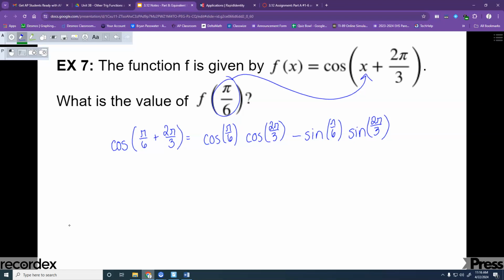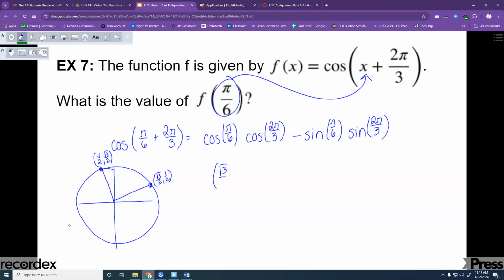And so much like we did on the last problem, we're just pulling these values from the unit circle. So we need our values right here at pi over 6, which is square root of 3 over 2, 1/2. And we need 2 pi over 3, which is here. And that would be negative 1/2, square root of 3 over 2. So cosine of pi over 6 is going to be our x-coordinate right here.